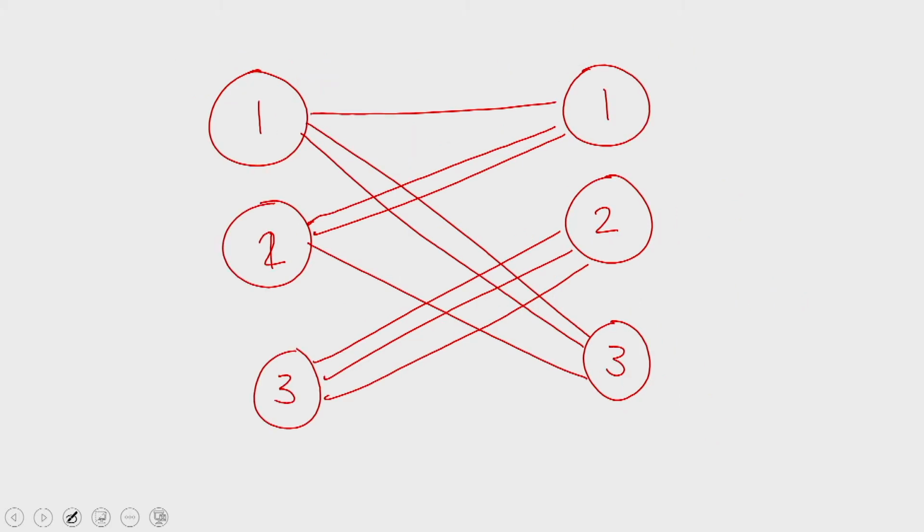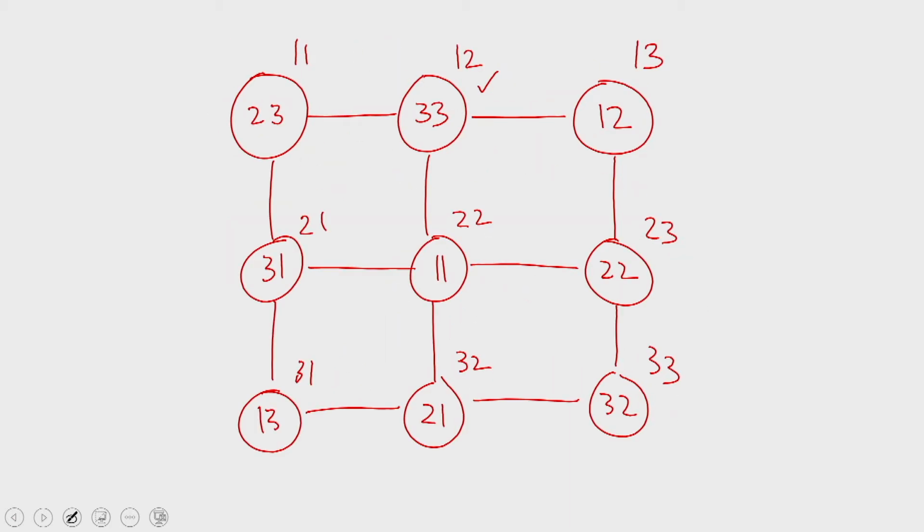Therefore, going back to our example, we find that the three edges going out of vertex 1 have got different colors. For example, let us say this is 1, this is 2 and this is 3. Or in other words, going back to the mesh, the first column's packets have got colors, let us say 1, 2 and 3. The 3 packets of the first column have got 3 different colors.